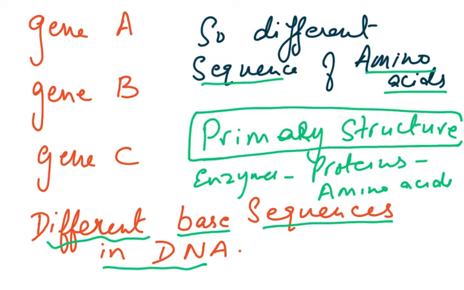The reason is in the DNA there would be different base sequences which code for enzyme A, enzyme B and enzyme C. So enzyme A would have a different primary structure, and that would result in that enzyme having a specific shape of the active site. Of course this is to do with the DNA chapter, but I want to tell you this now so that you can understand it, and then we can apply this knowledge later on in chapter 6.